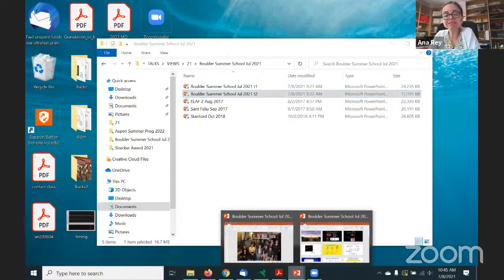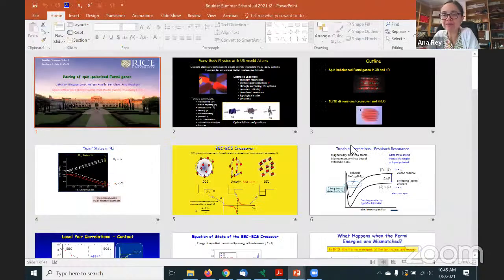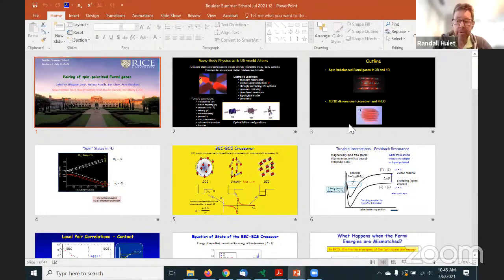So maybe let me ask Randy very quickly. What do you think is the future, or how do you envision, or what do you think is in your experiment? In our experiment, we're building a new apparatus that has much greater optical access, so greater numerical aperture, to be able to write arbitrary potentials onto the sample.